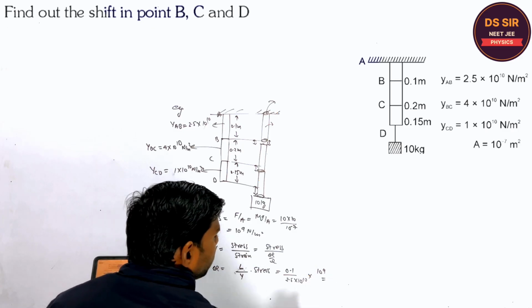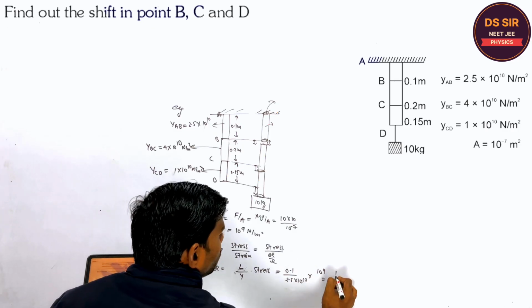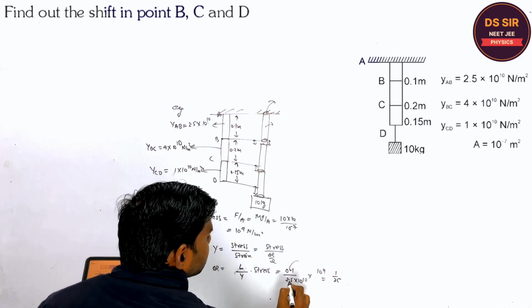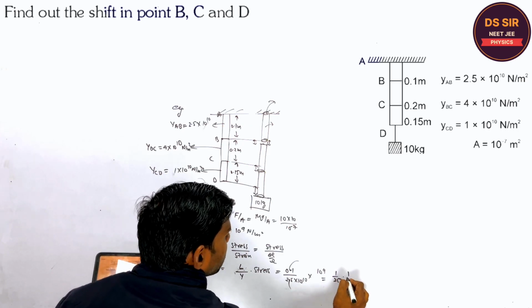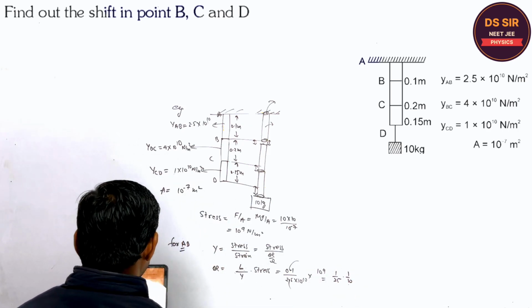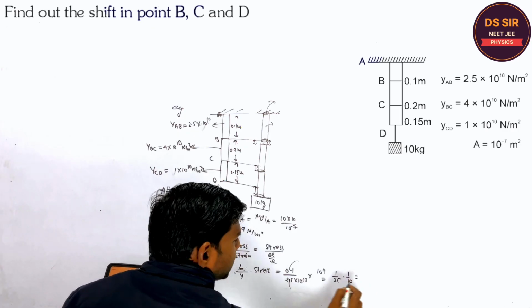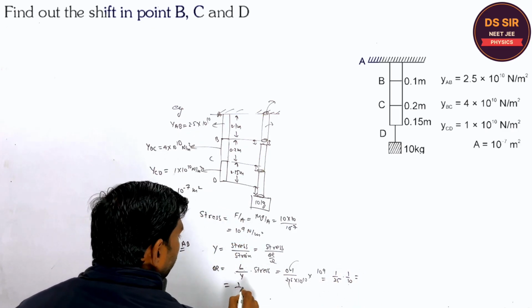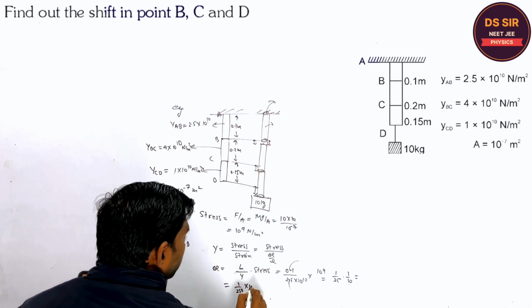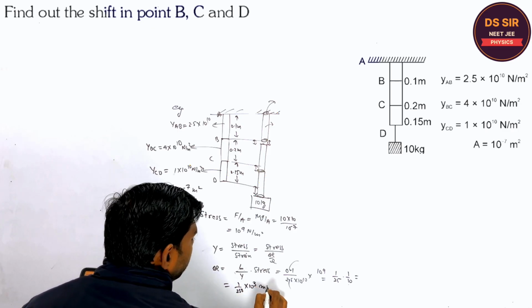So when you simplify this, the point will cancel out, and it is 1 upon 10. This is in meter. If you want to write in millimeter, it is 1 upon 250 into 10 to the power 3 millimeter.